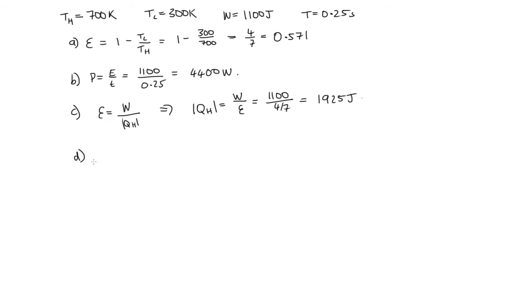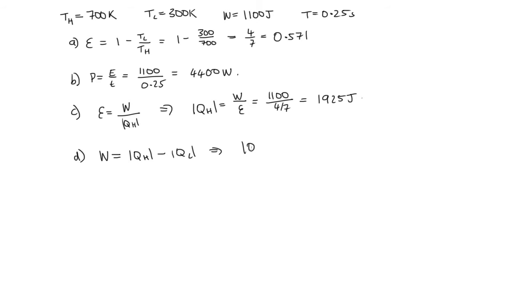Okay, part D, how much energy is delivered to the low temperature reservoir each cycle? Okay, so in order to do this one, probably the easiest way to do it is to remember that for a Carnot cycle, the work out is equal to the difference in heat, which it receives from the hot reservoir minus the heat that it gives up to the cold reservoir.